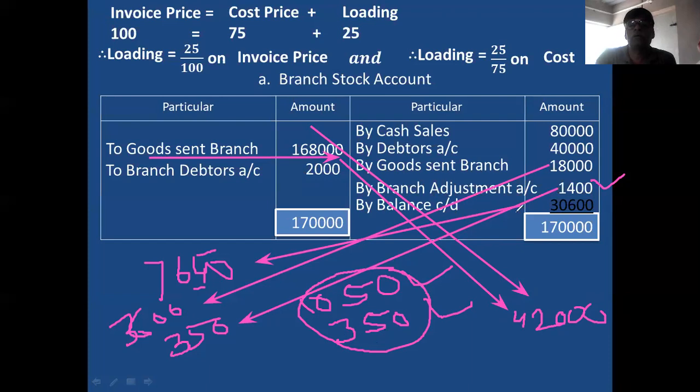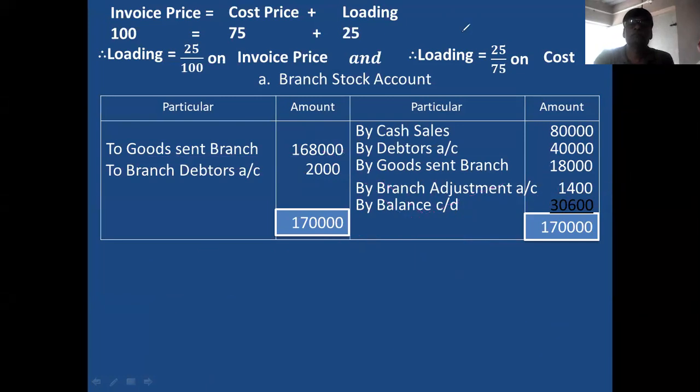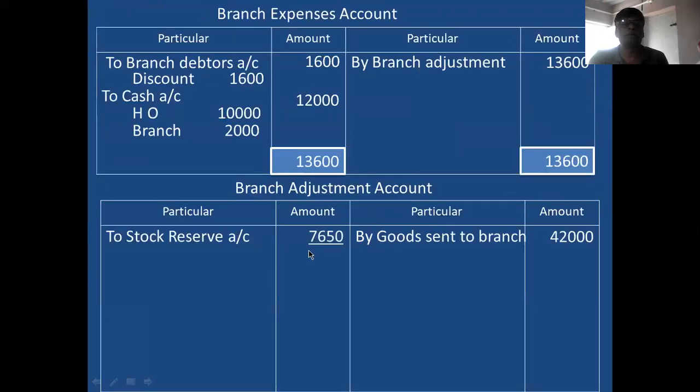Branch adjustment account: loading you take in the trading account, remaining cost you take in the P&L account. Okay, you see here, 7,650 rupees. This is loading on closing stock.